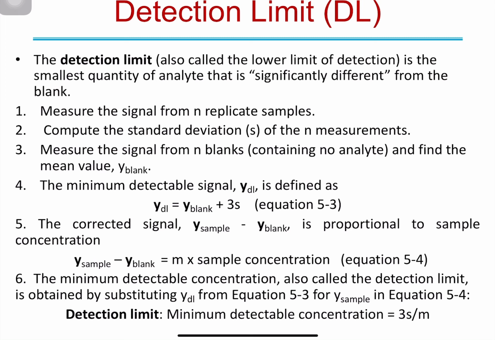How can we measure the detection limit? The detection limit is different based on the method and the instrument we are using. First of all, we need to measure the signal that we get from N replicate samples. So we have N replicates of a sample containing the exact same amount of the substance, not different concentrations, the same concentration, and we measure the signal from this sample.